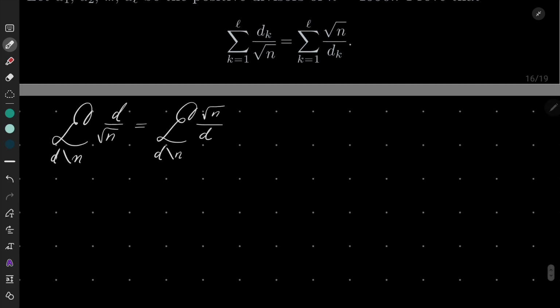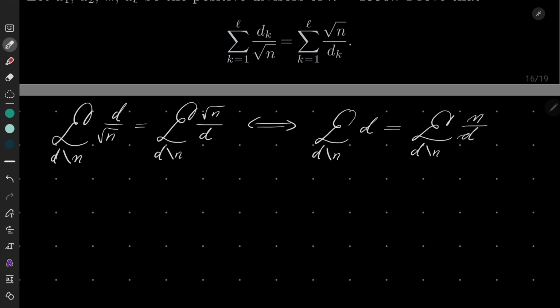Well, this equality is really equivalent to saying that the sum over all d equals the sum over n over d. Why? Because I have just multiplied both sides by square root of n.